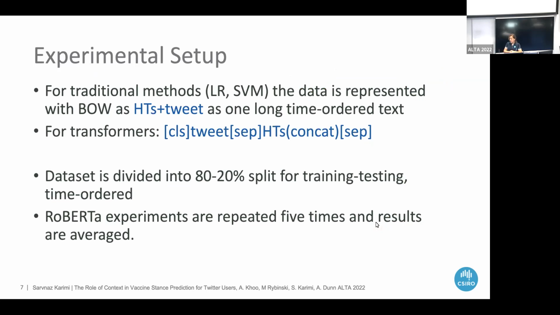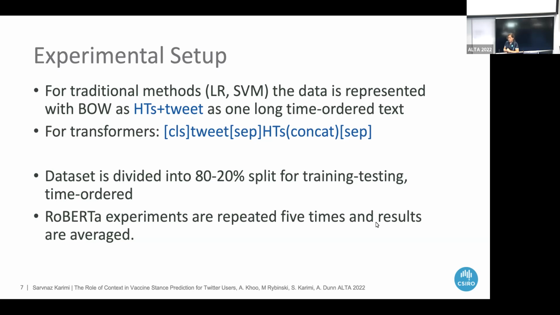For the experimental setup of the traditional methods, logistic regression and SVM, the data was presented as a very simple bag of words. We concatenated historical tweets and the tweet as one long text. For transformers, the tweet we're interested in is sentence 1, connected to the historical tweets as sentence 2. Those are the two inputs to RoBERTa.